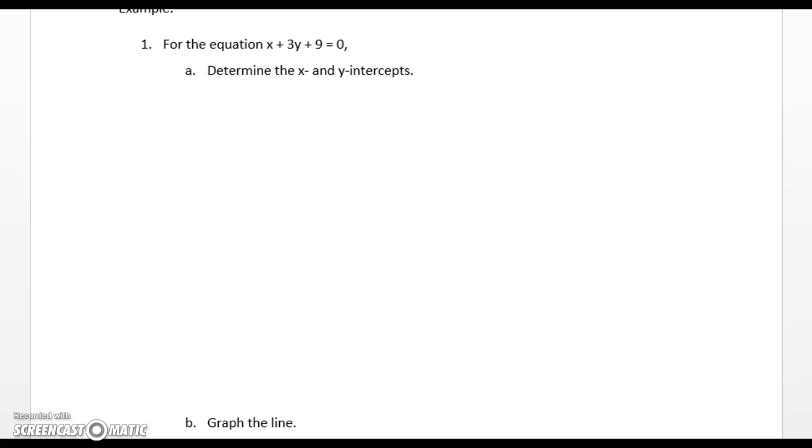Part A asks us to determine the x and y intercepts. We'll start with finding our x-intercept first, and this is where we let y equal 0 in our equation.